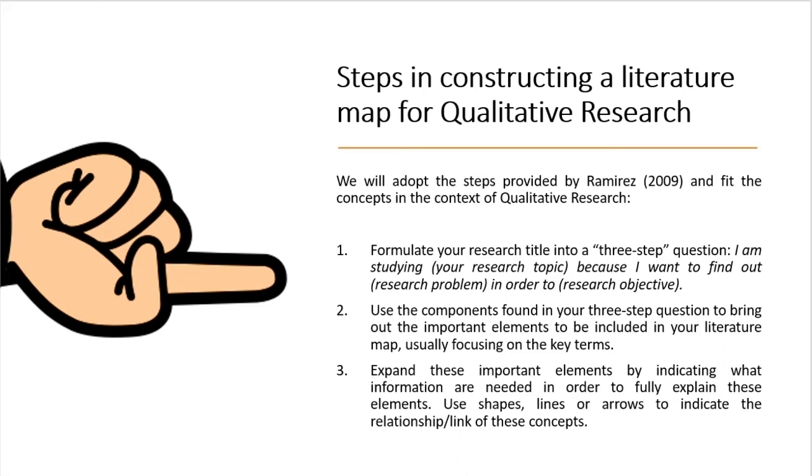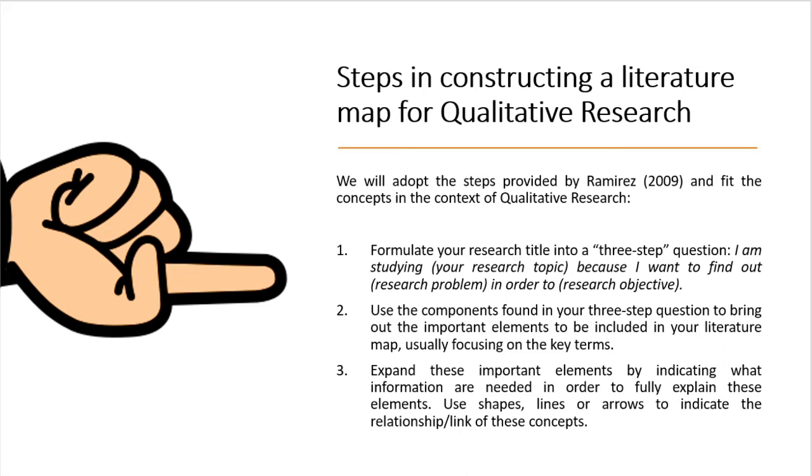Now, the third step is to expand those elements and to bring in information coming from related literature, coming from external sources, coming from other researches, which will help in deepening the understanding of those elements, and also, by virtue of the function of a literature map, create connections between your research and other studies, other bodies of knowledge, other researches, other journals, so on and so forth.